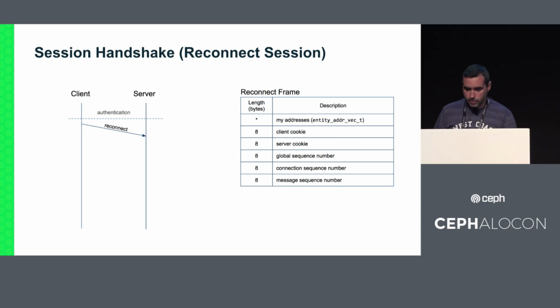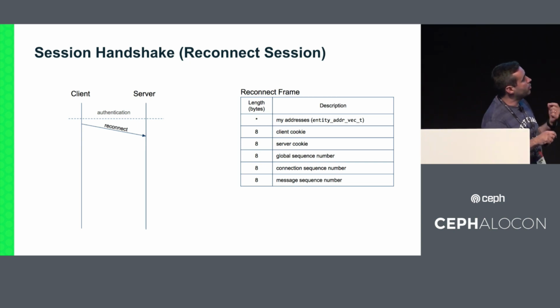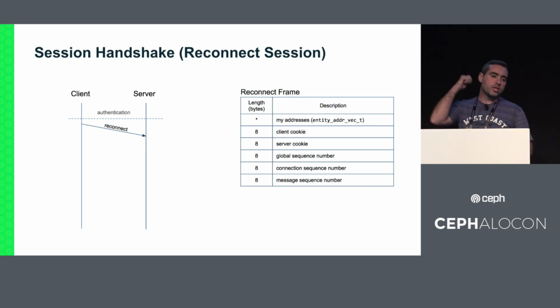It also sends some sequence numbers, so we know if it's not a duplicate reconnect and other stuff. But it also sends the message sequence number, which is like, what was the last message that I saw from you?